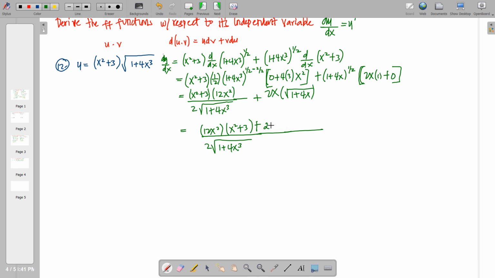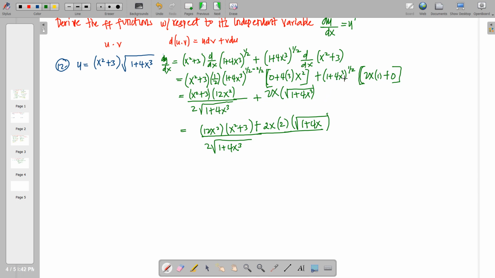So 2x times 2 is 4x, times 1 plus 4x. By the way, I think this should become 4x cubed. This one.